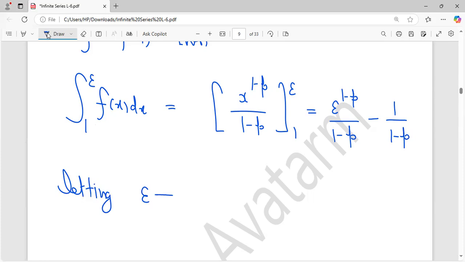Okay. So letting epsilon tending to infinity, because p is in this range implies 1 minus p is greater than 0. Now epsilon tending to infinity, we get what is the limit of this?